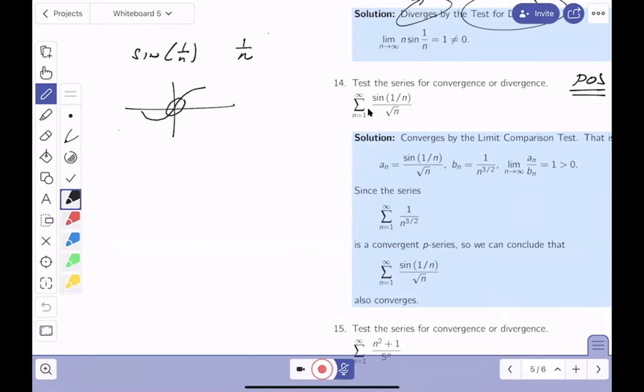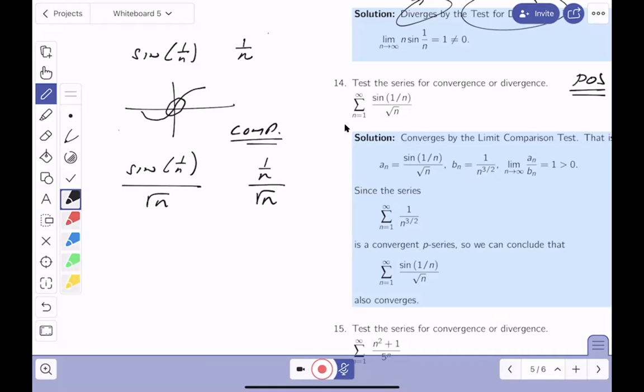So near the origin, like when you get close to 0, the sine looks just like the line y equals x. So I'm going to write that down. So as a comparison, maybe I could do this. It's sort of like this for comparison reasons. But I don't want to do an inequality. It's not going to happen.